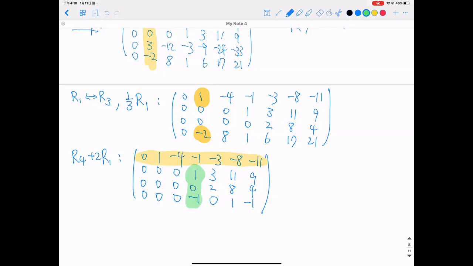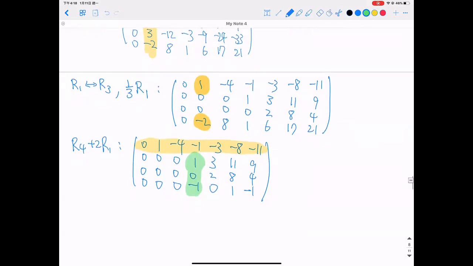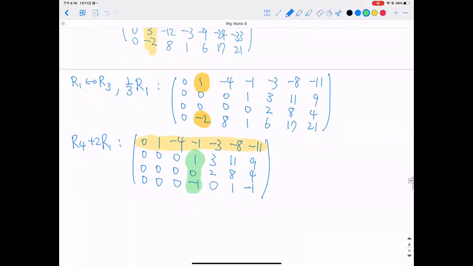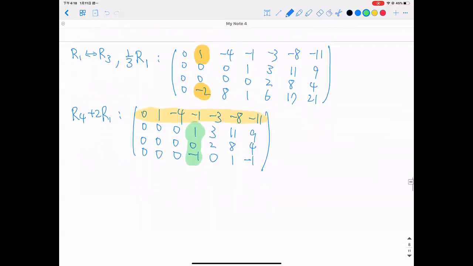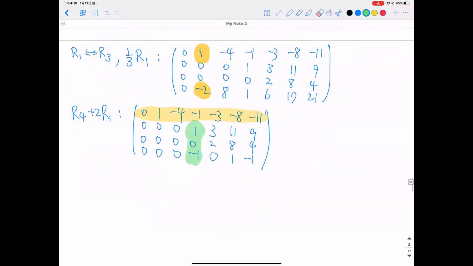Okay, so let's see here. We do R2 plus R4. R4 plus R2, because I want to change the R4.